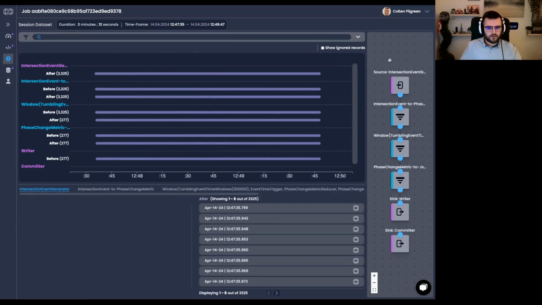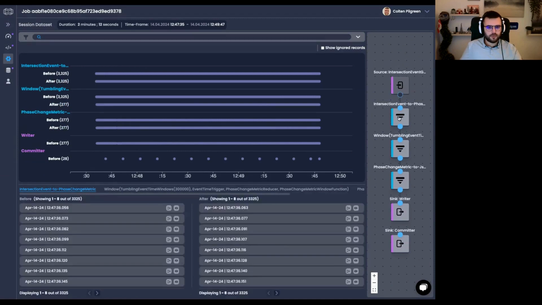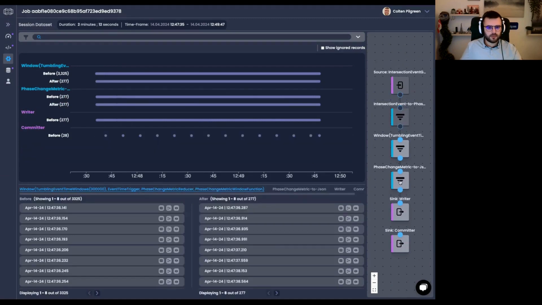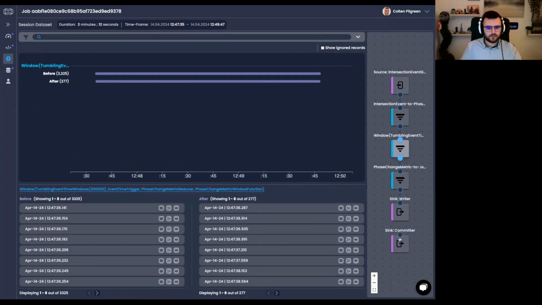And then if you come over here to the right, you'll see the visual representation of your job graph. And then you can actually toggle off which operators you want to see in the event timeline. So for this case, we're going to turn all of them off except for our window. And then here you have your operator inside of this tab view.